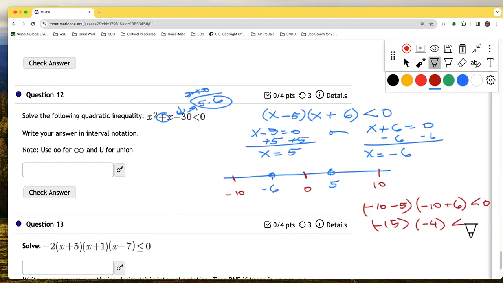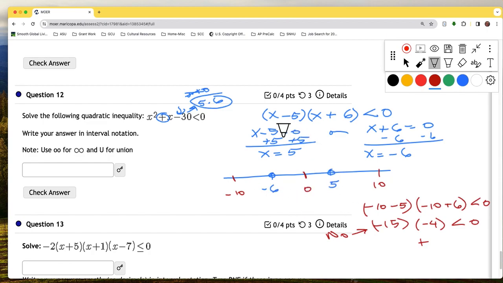Negative times a negative is positive, so this is false. We get a positive number. And again, it's not so important what the value is, but that it is a positive value. So it does not fulfill this. So this region is not included. Probably it is going to be this one.